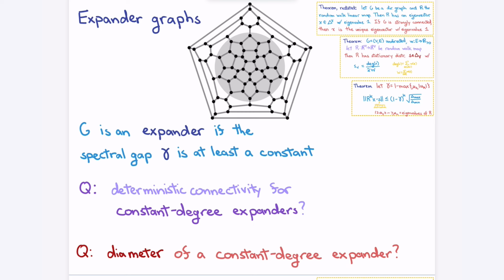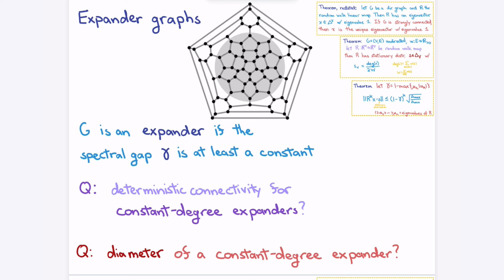If I asked you, can we do deterministic connectivity in a constant degree expander, then you might notice that in log n steps, you're close enough to the stationary distribution that you could be at any vertex. So you have a non-zero probability of getting anywhere in log n steps. So the diameter is at most log n.